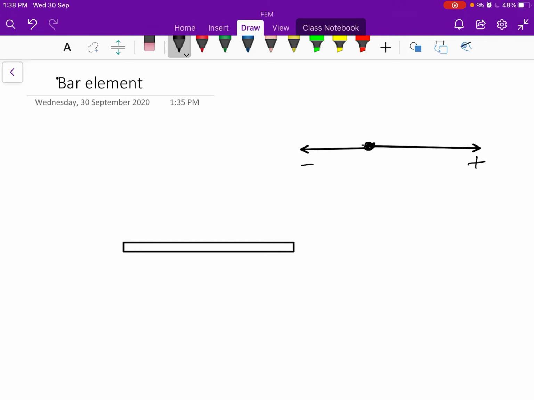So here we are considering a bar element of total length L. This is our node 2, this is our node 1, such that at node 2 the force T is acting on the right hand side, and at node 1 the force is acting on the left hand side.